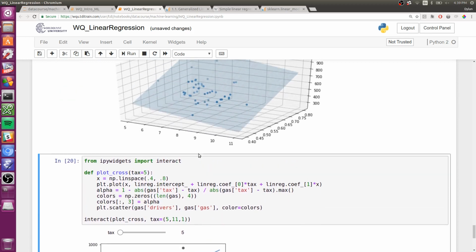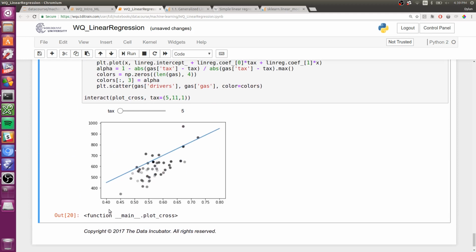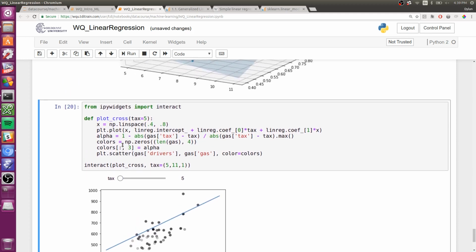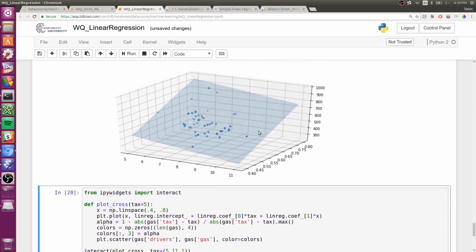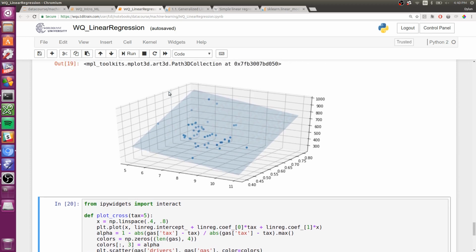Another way of visualizing this is to look at the fit line for drivers versus gasoline consumed at different values of the tax. I mentioned if you look at this edge, you can see that the gasoline consumption increases as the percentage of population that drives increases. But this slope changes as I move along the tax axis.